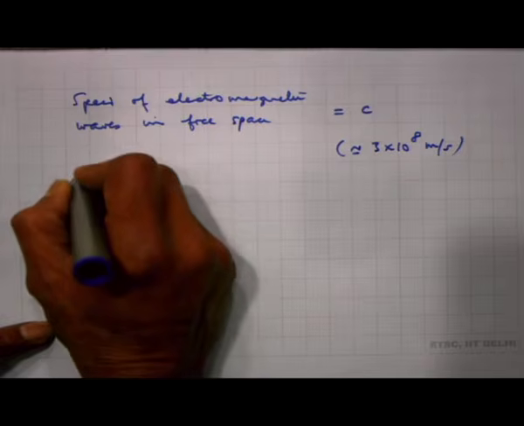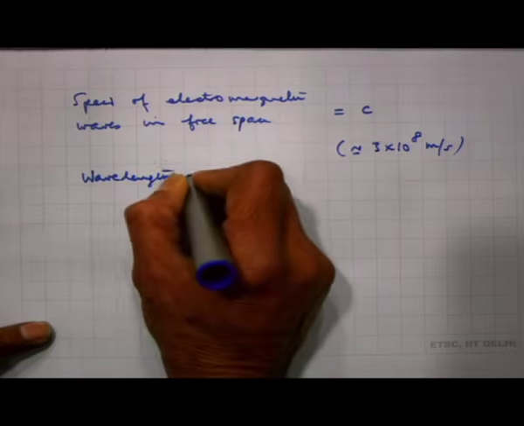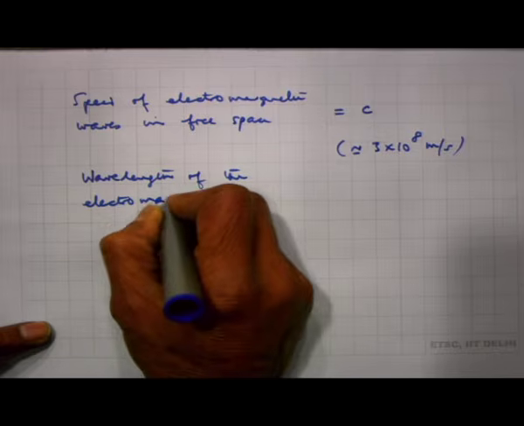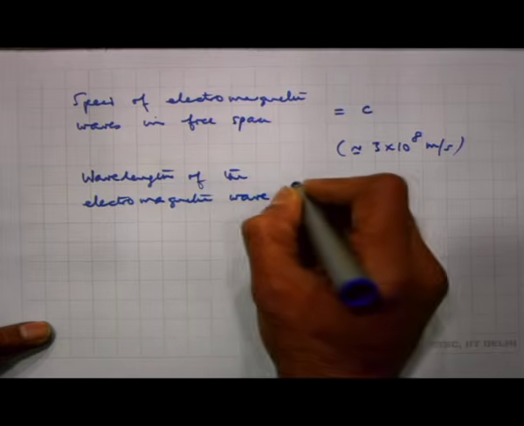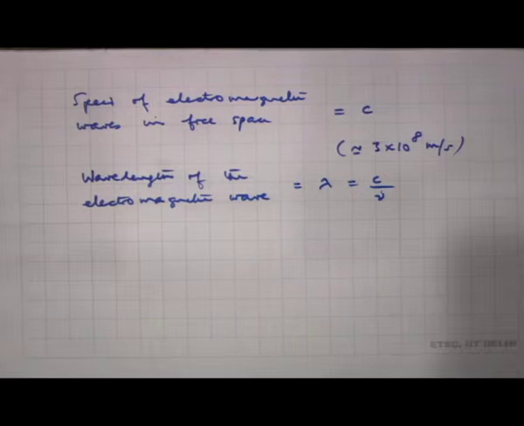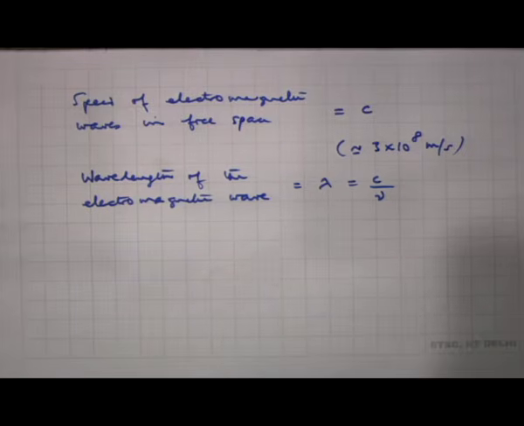And remember, the wavelength of the electromagnetic waves is equal to lambda, which is c by nu. So, different frequencies are characterized by different wavelengths. These are all wavelengths in free space.